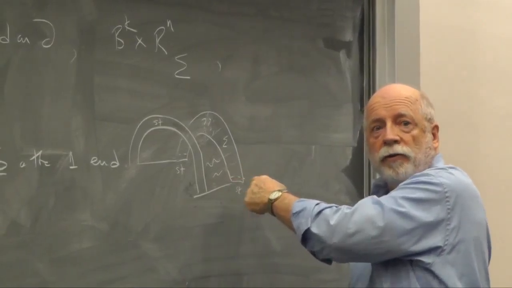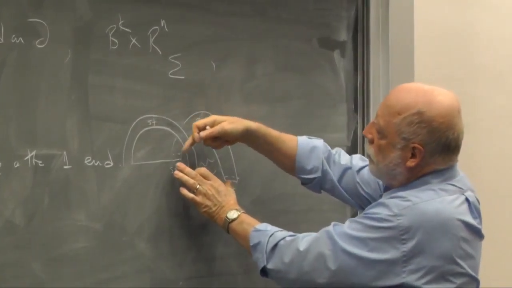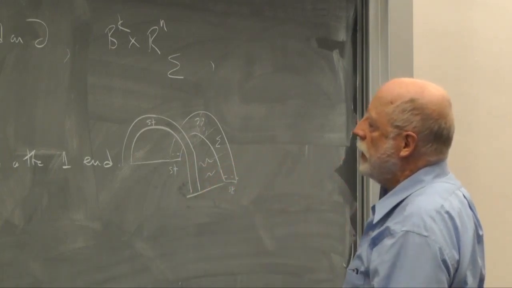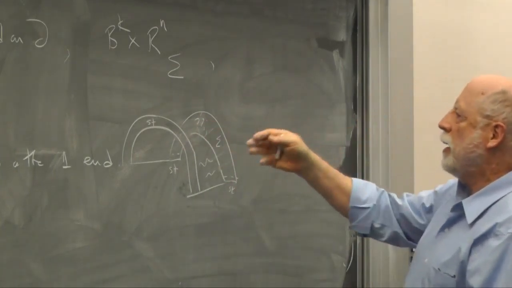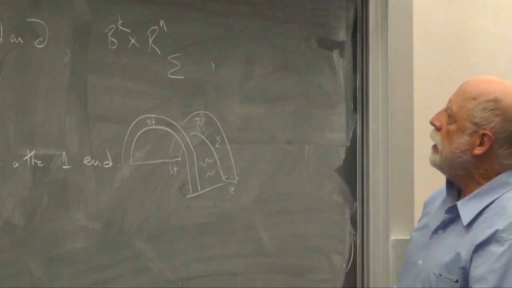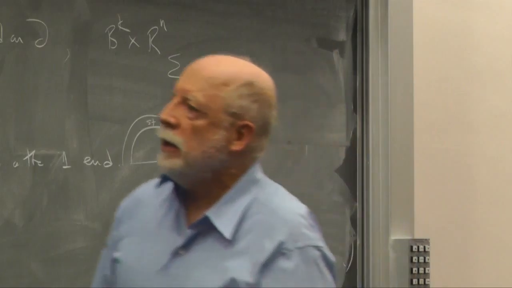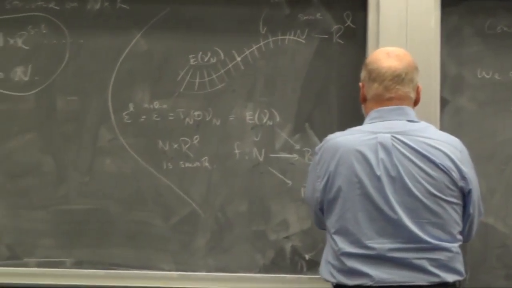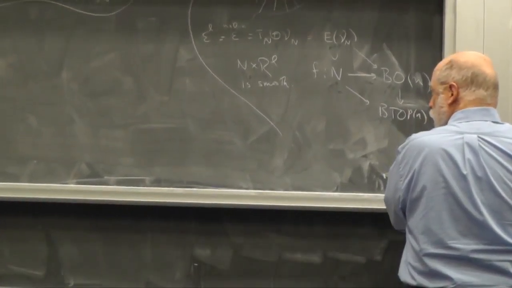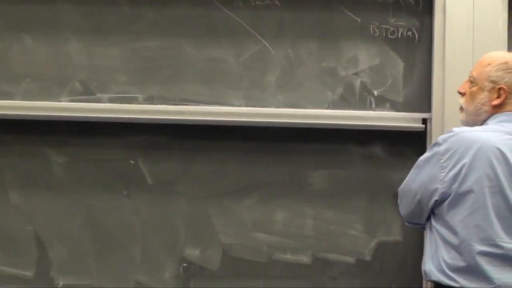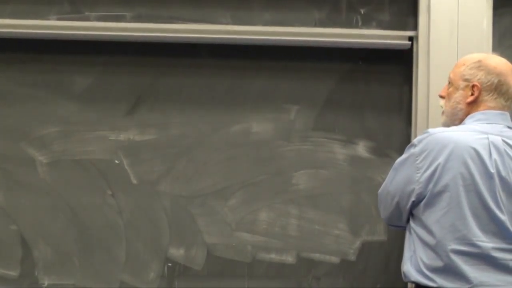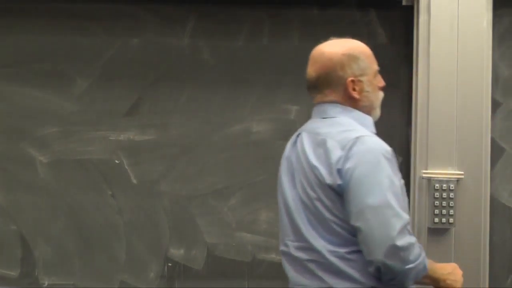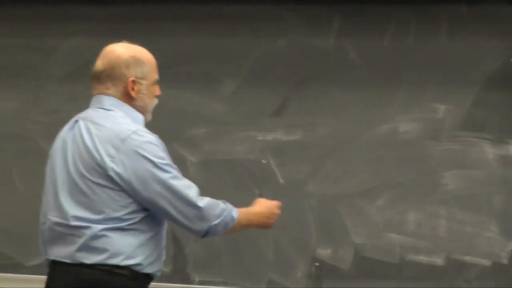Remember that our problem is always, you've got this PL handle embedded somewhere, and you pull back a PL structure on it. So just briefly, here's our standard picture.